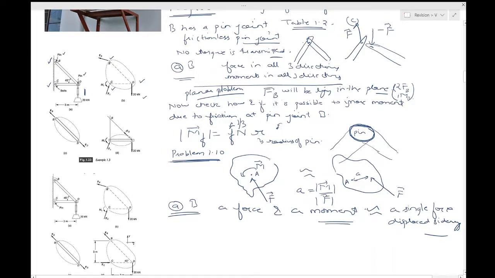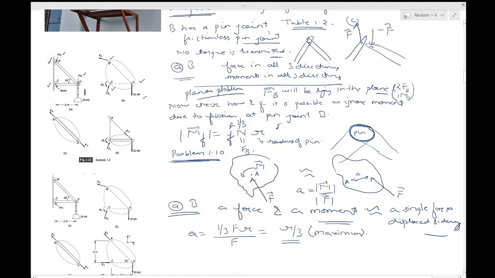This I should have written with a capital F. And this N will be equal to FB. So for this pin system, the displaced force will act at 1 by 3 F R by F. I'm just taking the vector forms, and that would mean it would be R by 3 as a maximum case.